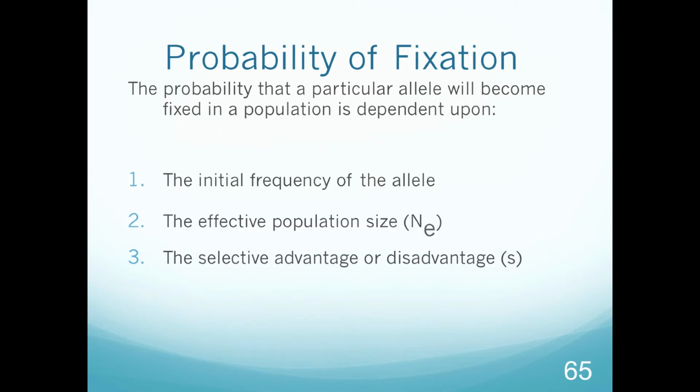Now we can calculate the probability of fixation based on the initial frequency of the allele, so one individual has it at one chromosome, and the effective population size. And we can also add in the selective advantage or disadvantage if selection is at play.